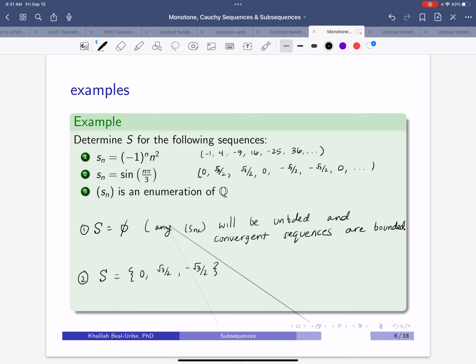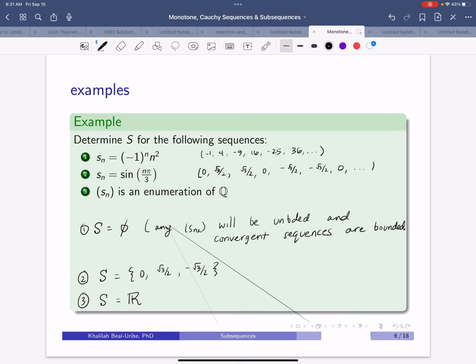Here's the key. We're thinking about subsequences of Q, and we're thinking about limits of subsequences of Q. And because Q is dense in R, every real number is going to be the limit of a sequence of rational numbers, right?